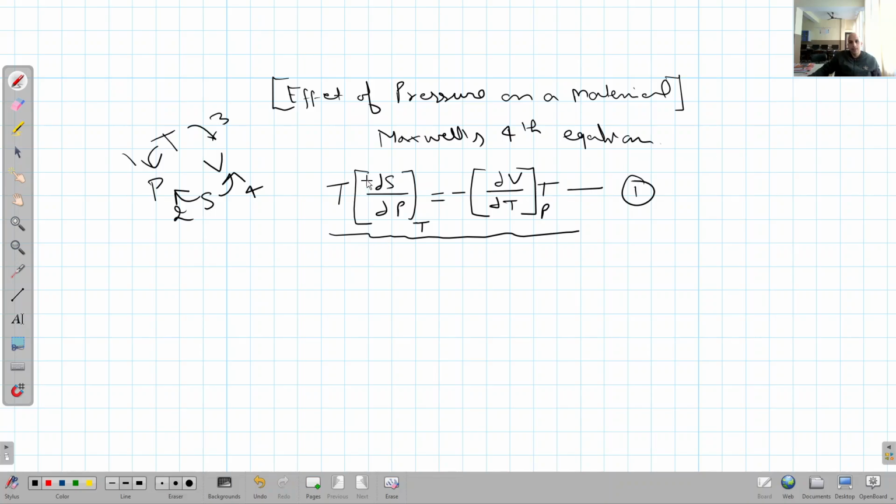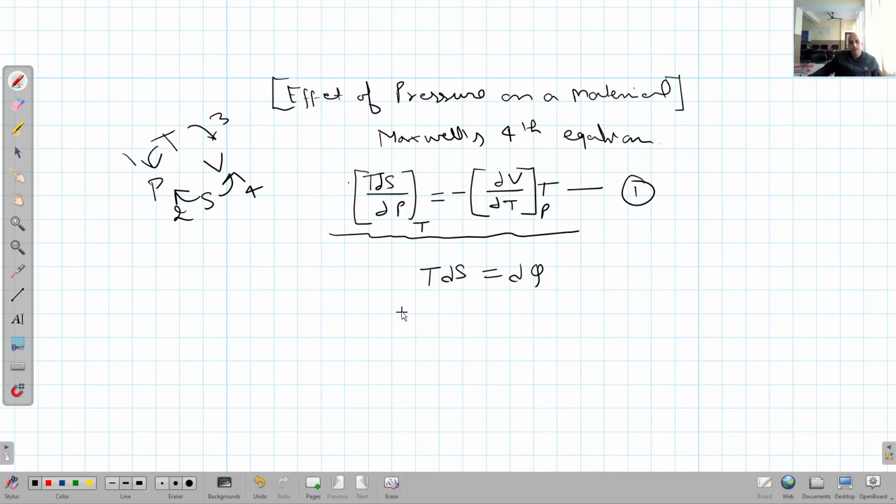Now I am taking this T inside this bracket. So it will become T ∂S. We know from the second law of thermodynamics, T dS is equal to dQ, or we can say T ∂S is equal to ∂Q.